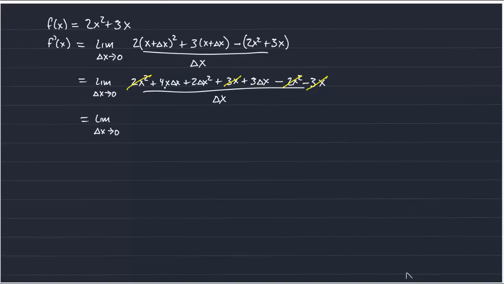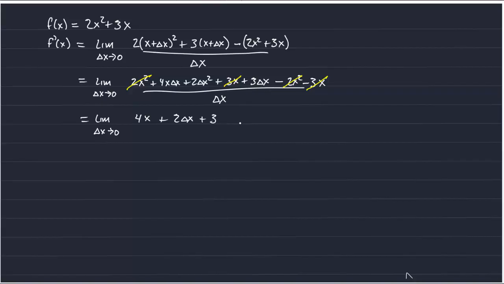We have 4x delta x over delta x is just 4x, plus 2 delta x squared over delta x is just 2 delta x, plus 3 delta x over delta x is just 3.